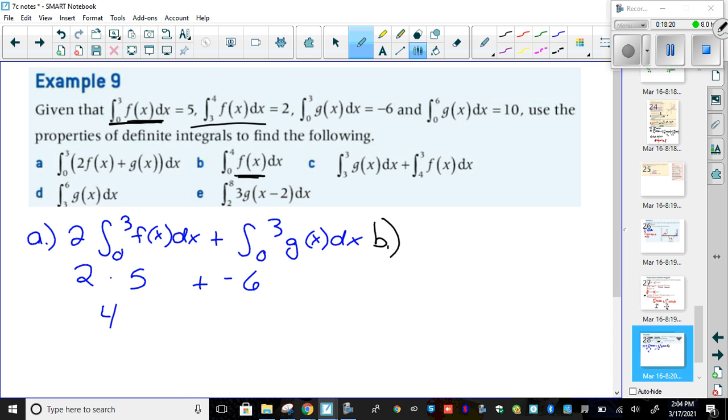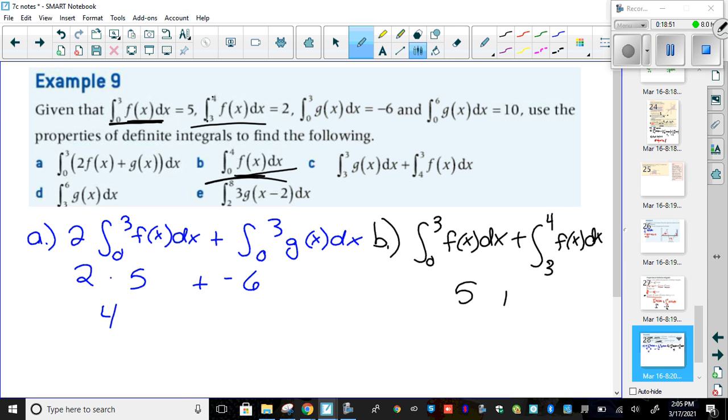Therefore, 0 to 3 of f of x dx, plus, and this one goes from 3 to 4, so it's in the right order, the integral of f of x dx. That is equivalent to 0 to 4 of f of x dx. So 0 to 3 is 5, 3 to 4 is 2, which means my answer is 7.